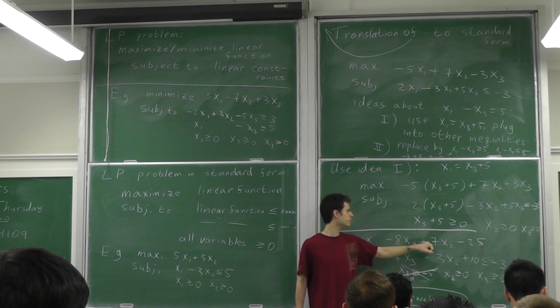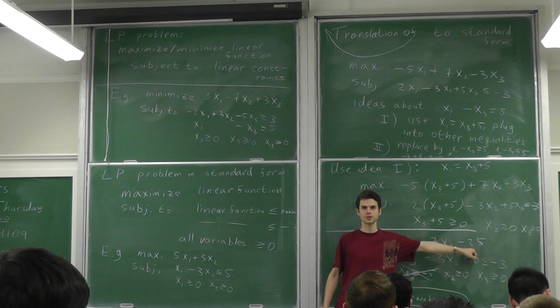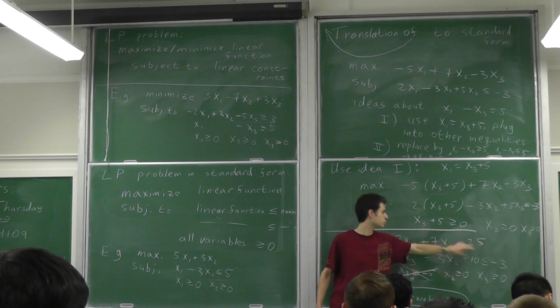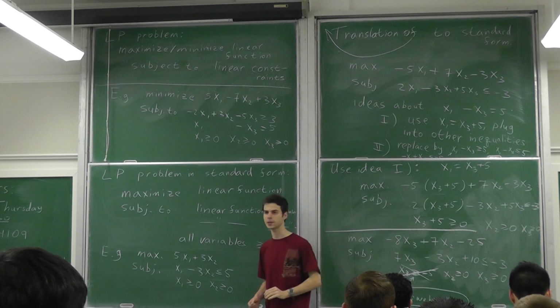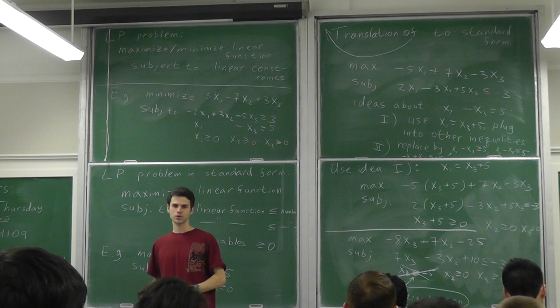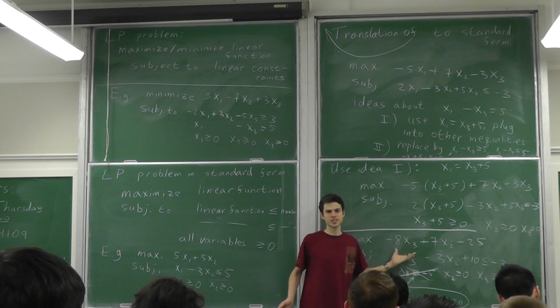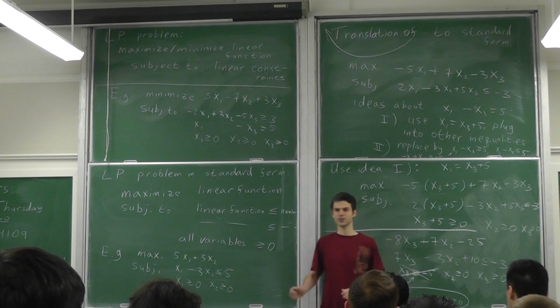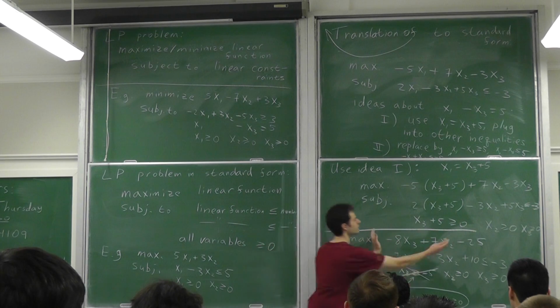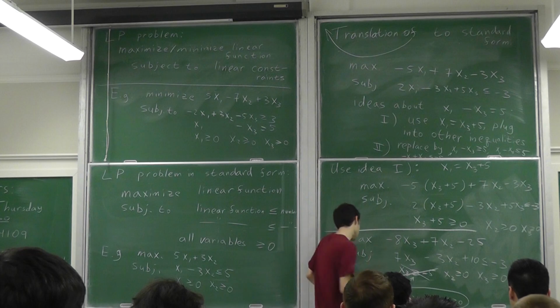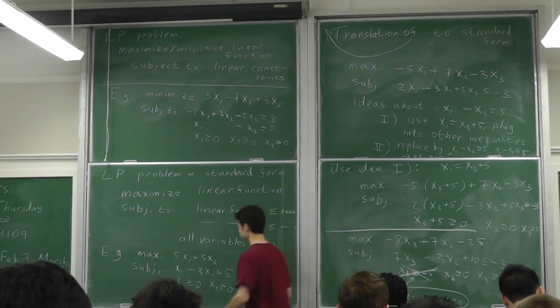It's number times variable plus number times variable. Nothing about plus a number. So this minus 25 is not good. On the other hand, it's very easy to eliminate. Maximizing this thing minus 25 is the same thing as just maximizing this thing alone. So let's do this.